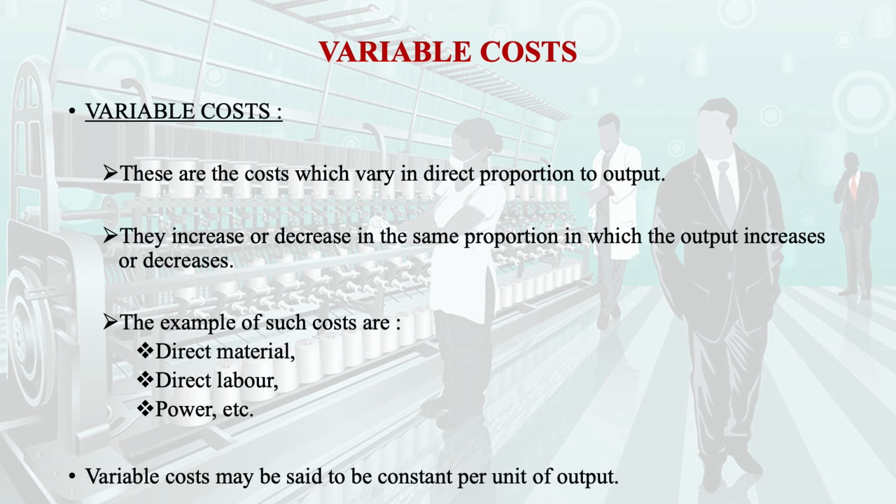Examples of such costs are the direct material cost, direct labor cost, or the power required for producing the items. Variable cost may be said to be constant per unit of the output. Remember, per unit of the output.